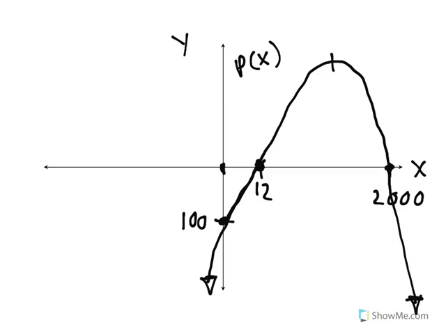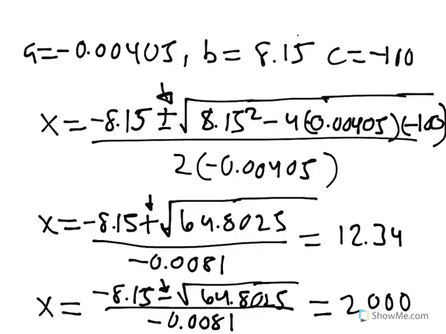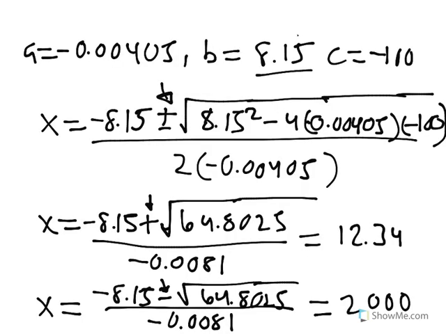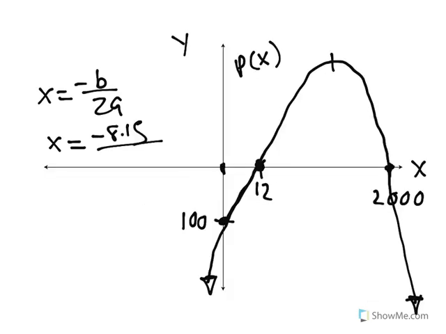So how to find this is pretty simple. You just need to find the vertex. The formula for the vertex is x equals negative b over 2a. So b is 8.5, so x is going to be negative 8.5 divided by 2a, which is going to be negative 0.0081.